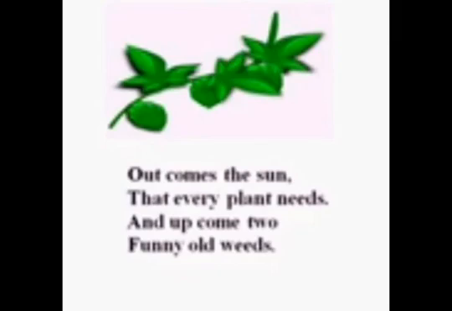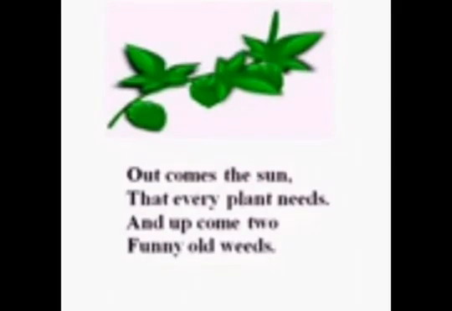Out comes the sun that every plant needs, and up come two funny old weeds. Again, after the shower, that is after the rains, the sun has come out, and the sun is what every plant needs.